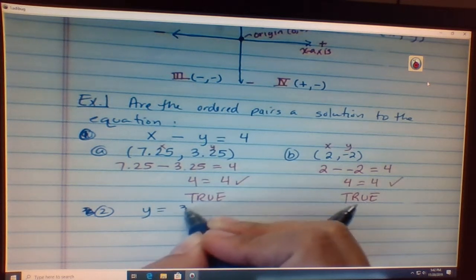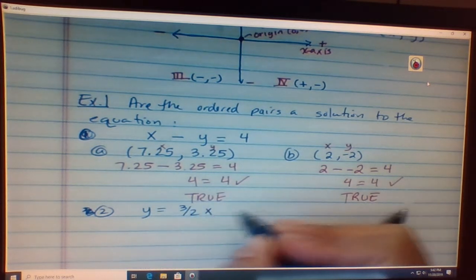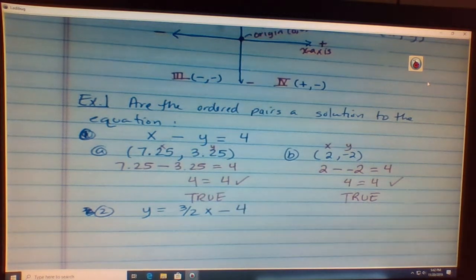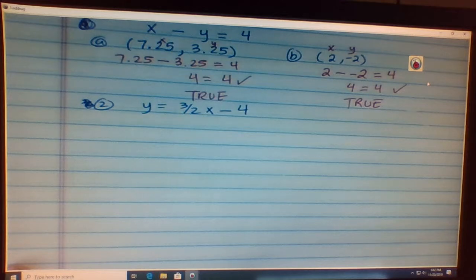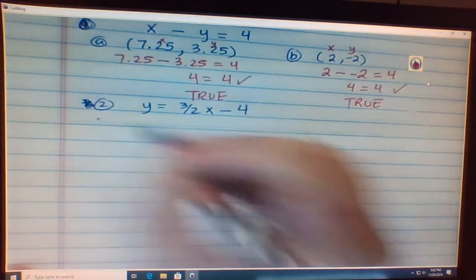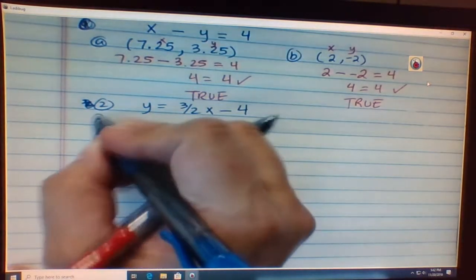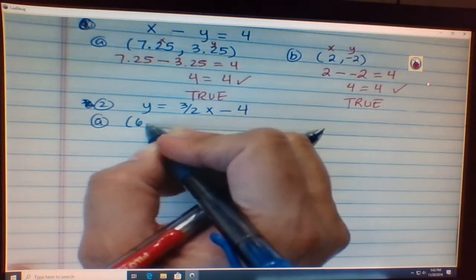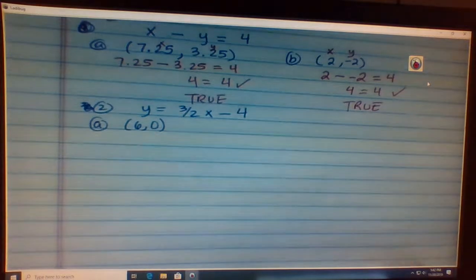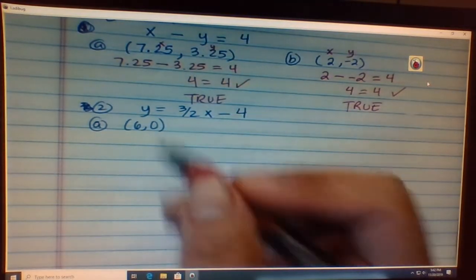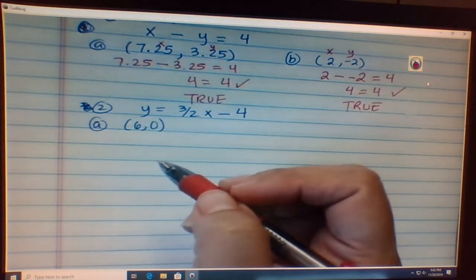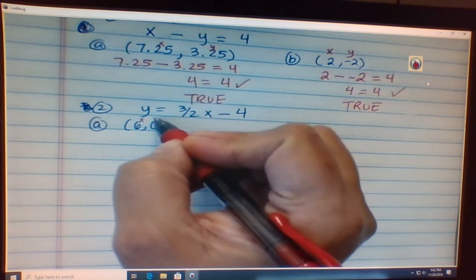Second equation, let's try. Y equals 3/2 x minus 4. The first one I want to try is (6, 0). Now once again, the 6 represents who? X, and the y is 0.